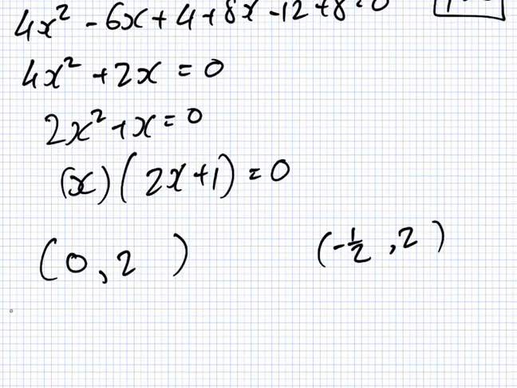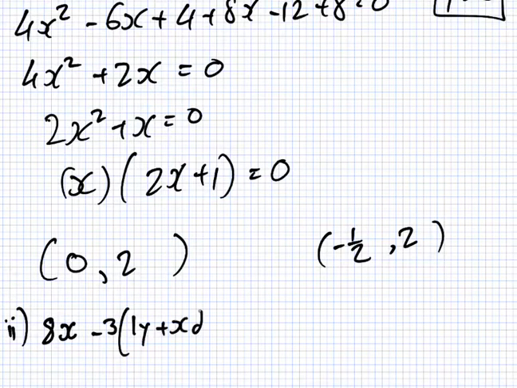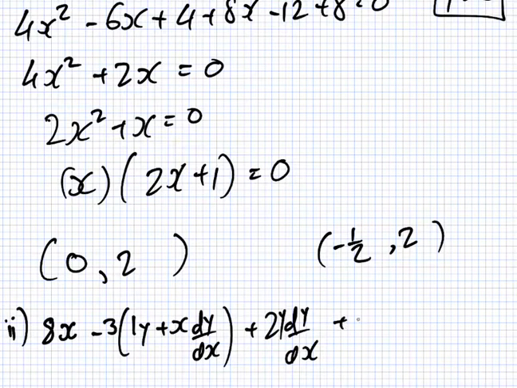Yeah, next is the derivative. So it's implicit derivative. So that would be, let's see, 8x minus 3, and then xy would be 1y plus x dy dx plus 2y dy dx plus 8 minus 6 dy dx equals 0.